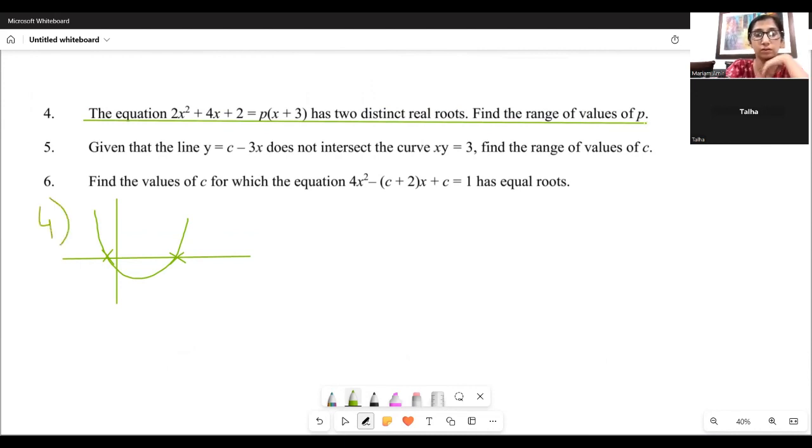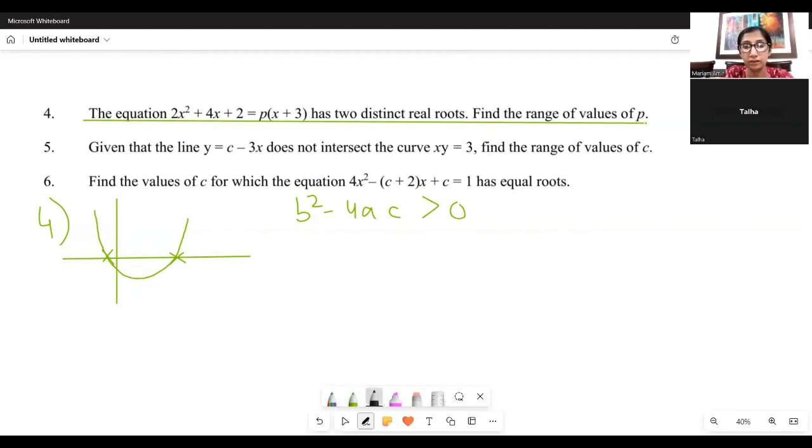If b square minus 4ac is greater than 0. Okay. Now we need to figure out what is b, a, and c. For that, we need equals to 0 on one side. So let's solve it. 2x squared plus 4x plus 2 minus px minus 3p equals 0.